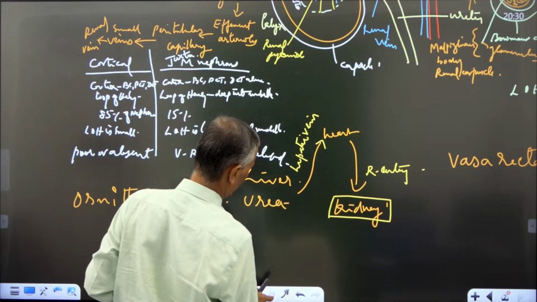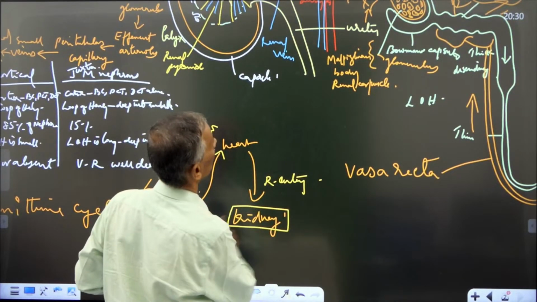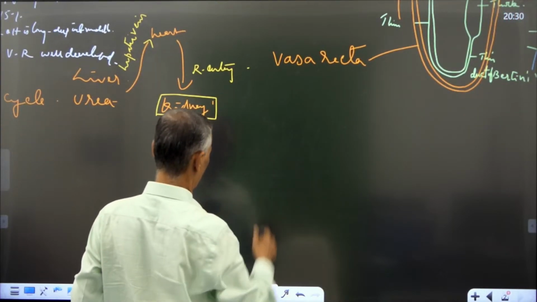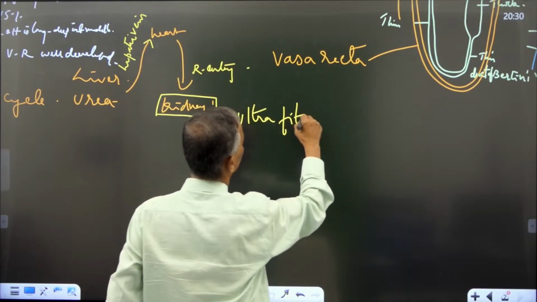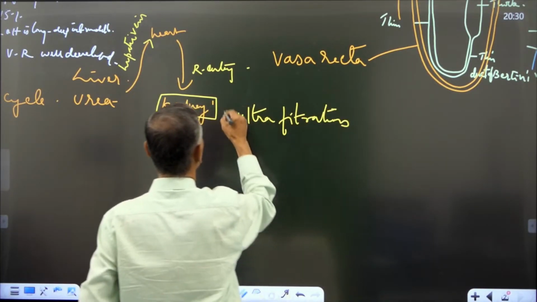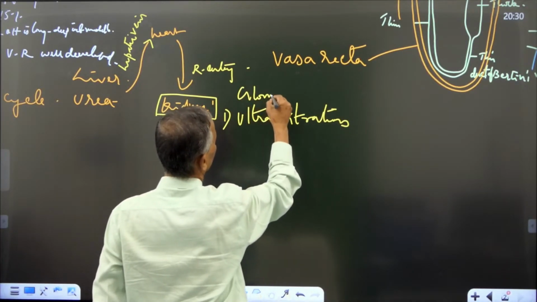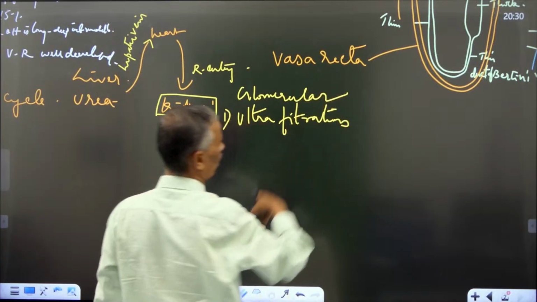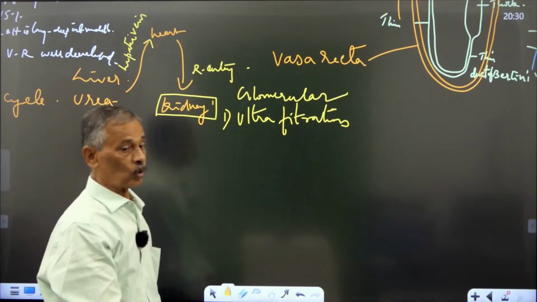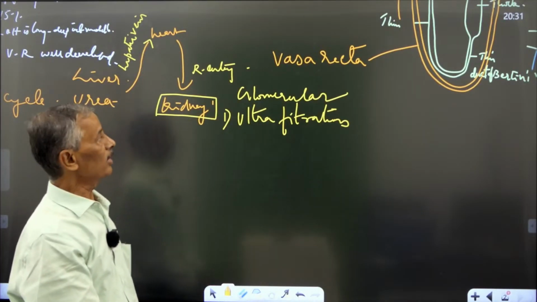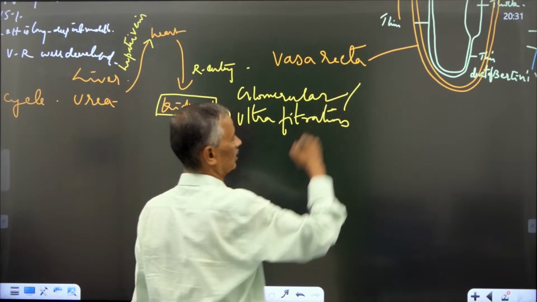That filtration process is called ultrafiltration, which is also called glomerular filtration, because it is from the glomerulus that filtering is occurring. Blood is filtered at the glomerular level, so it's called glomerular filtration or ultrafiltration.